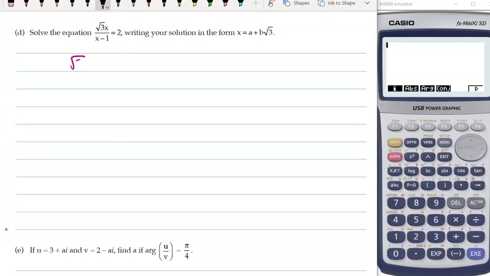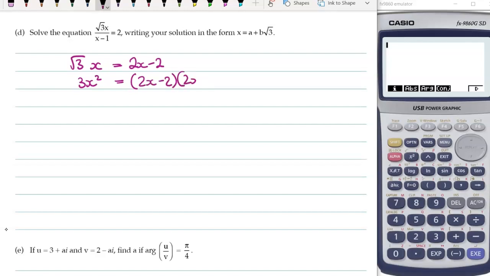Okay, rearranging this one, we've got root 3 x is equal to 2x minus 2, just by bringing this up and multiplying it. Let's square both sides and we can get rid of the root 3 there. So then we'll have 3x squared is equal to (2x minus 2) squared.